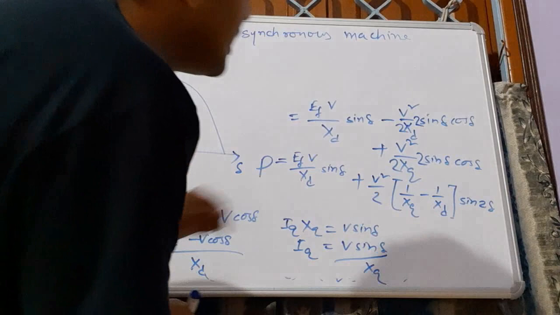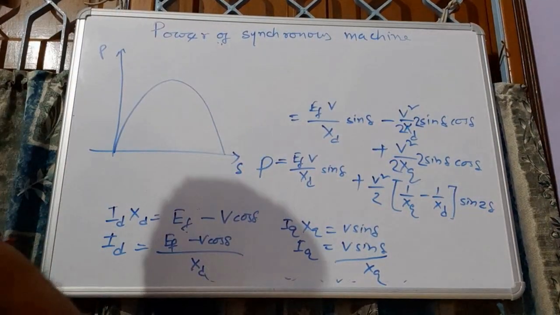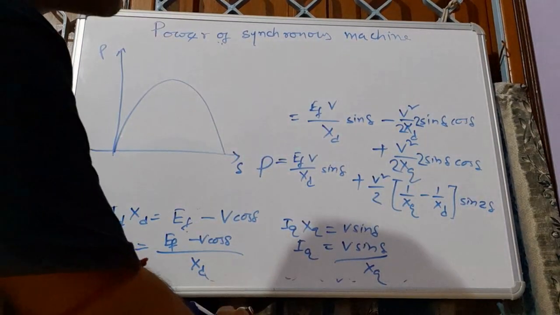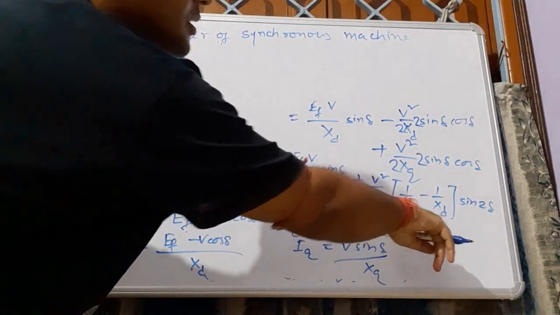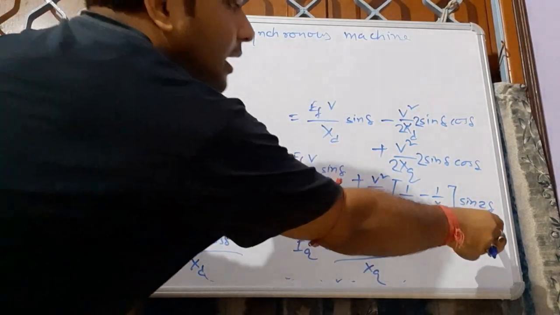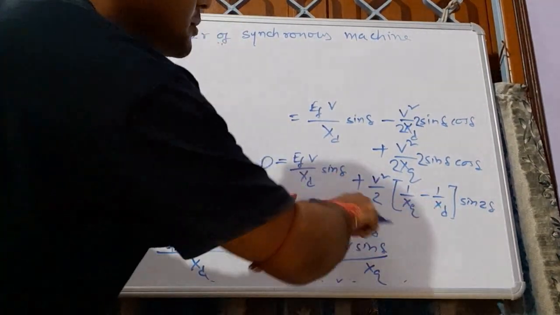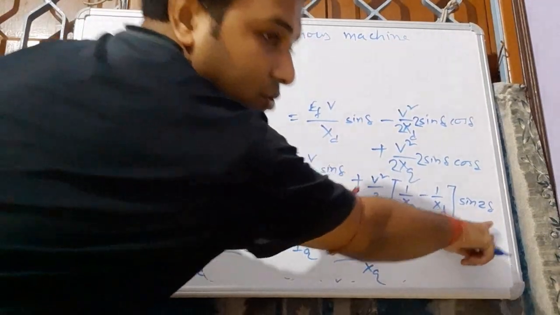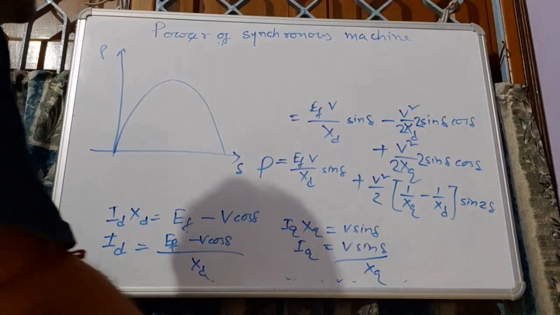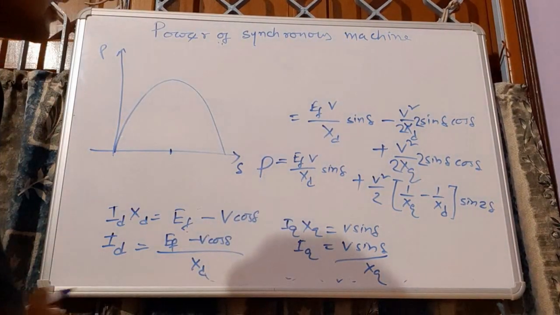Now this part is called reluctance power due to air gap. XD and XQ only come due to variation of air gap, and the frequency of this part is 2 times of this because this is sin delta and this is sin 2 delta. So the frequency is double.